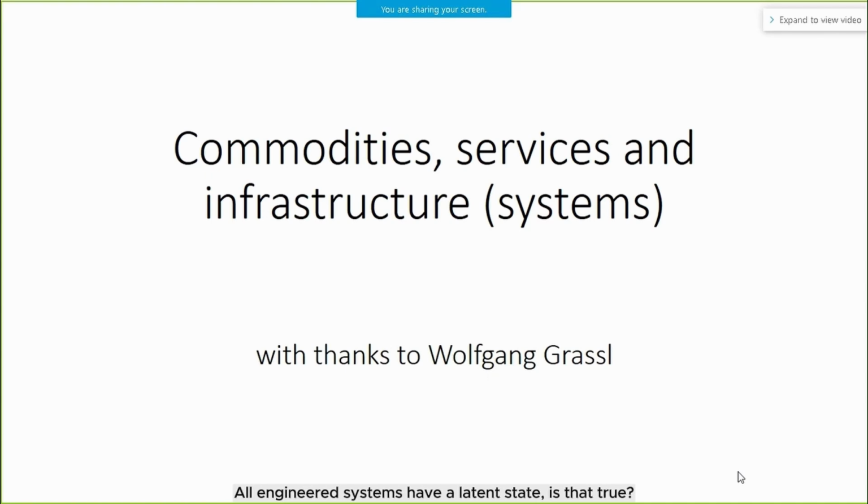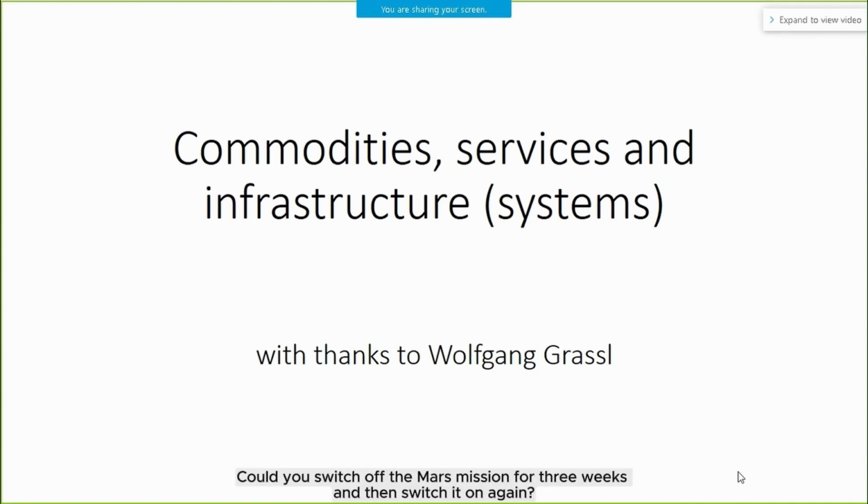All engineered systems have a latent state? Is that true? I don't know. Could you switch off the Mars mission for 3 weeks and then switch it on again? No, you couldn't. So nearly all engineered systems have a latent state. And then they're idle. They're not functioning. And what that means is that all the components within them which do have functions are not functioning.